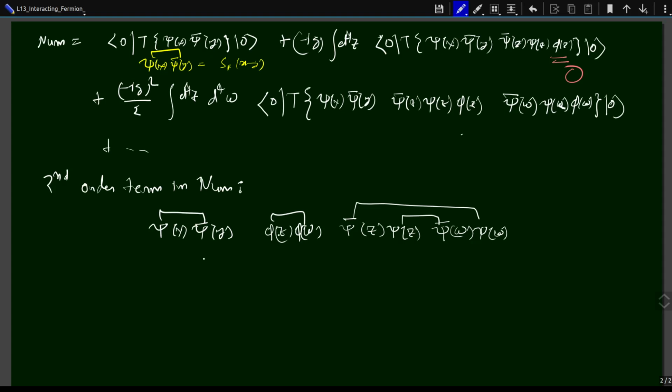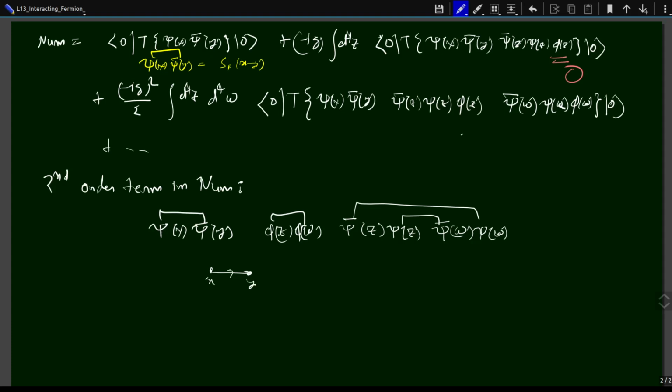If I have to represent this by a diagram, okay, so this is my x to y. Since it is a fermion, I will always use the arrow, by convention, flowing from ψ to ψ̄.